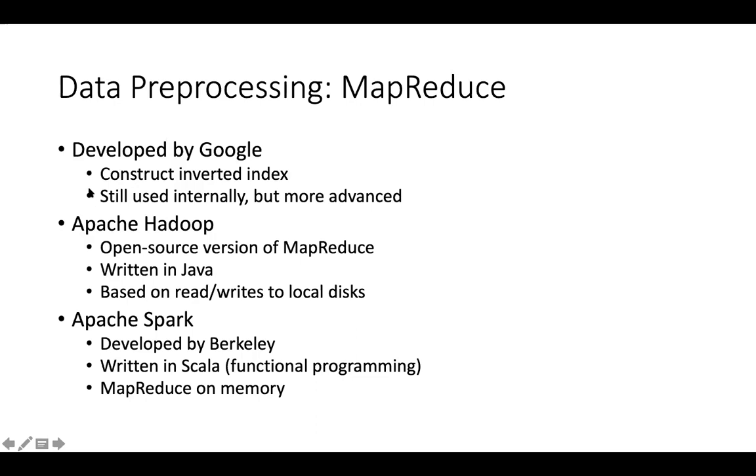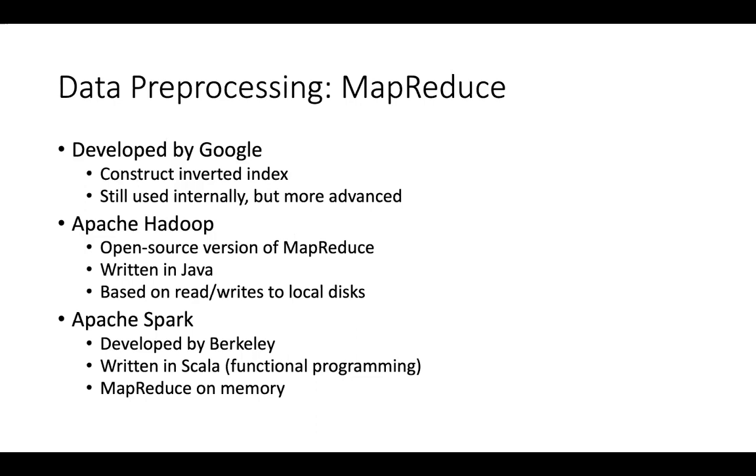Once Google built this, a few years after Google started using MapReduce there was an open source project called Hadoop, the Apache Hadoop project. It's an open source version of MapReduce. I'm not sure who built it, but basically they knew what MapReduce was, since Google announced the MapReduce technology.